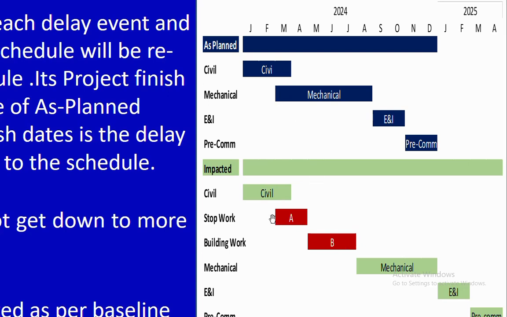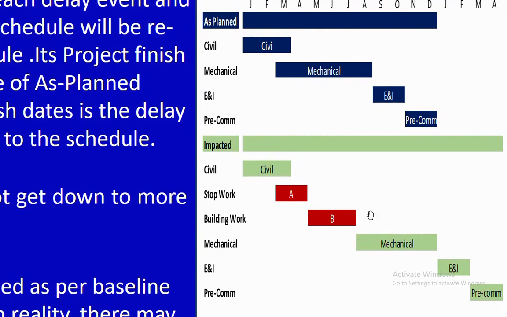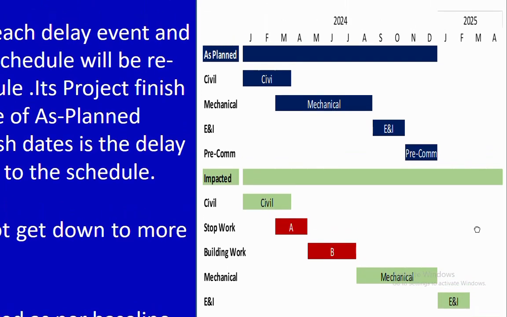But because of these two delay events, the mechanical work started in the month of July. So the project has been delayed by 4 months here itself. And then when we rerun the schedule, the pre-commissioning or the mechanical completion is done by April 25. So the project got delayed by 4 months because of these two events, a stop of work and building works.